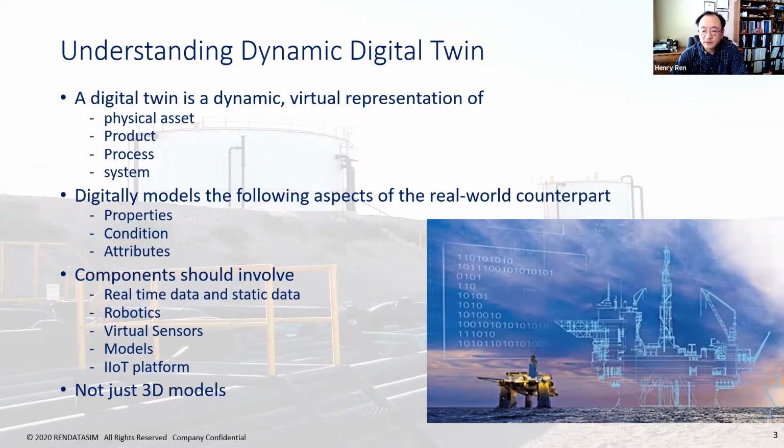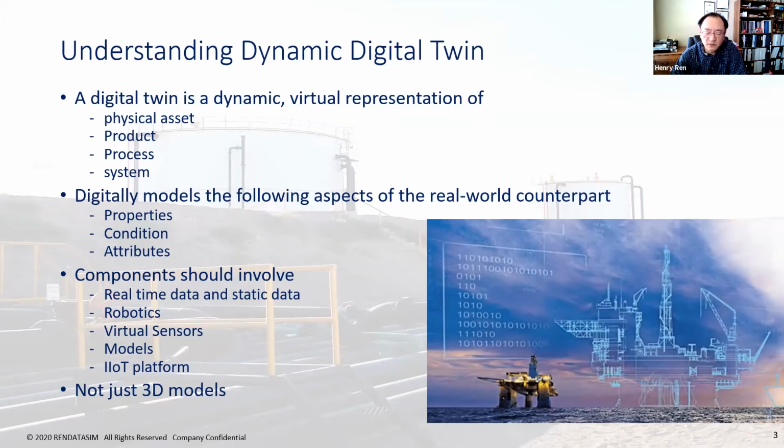And the component should also be involved in the future. You can call it the digital twin, but more broadly it is real-time data and any static data. And right now, a lot of people think about robotics and how to use it for the oil and gas process industry. It should include virtual sensor applications and any models, including machine learning and AI models.